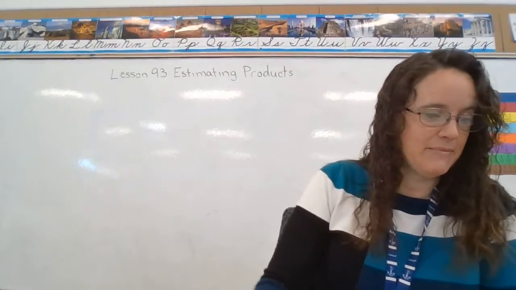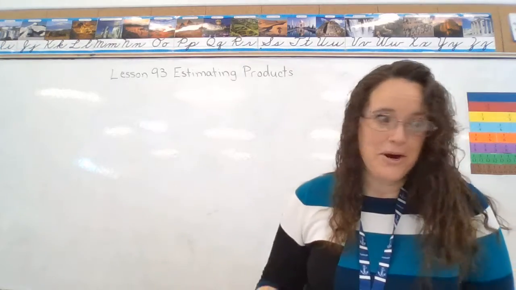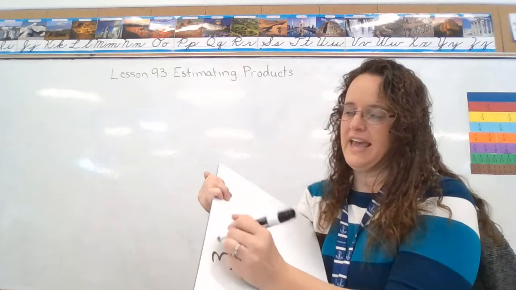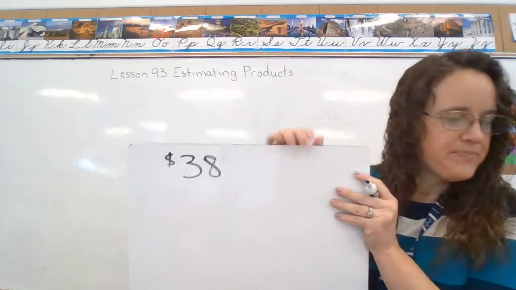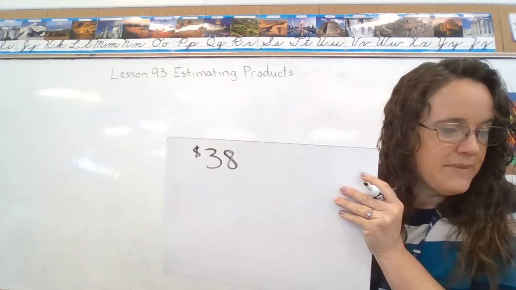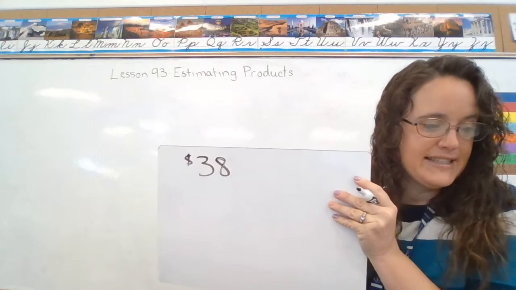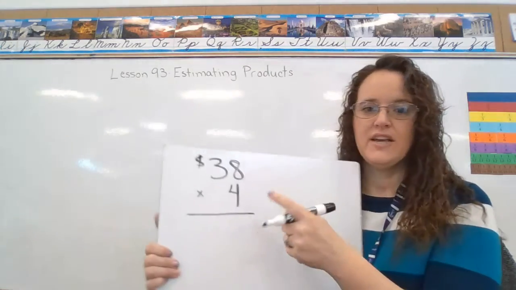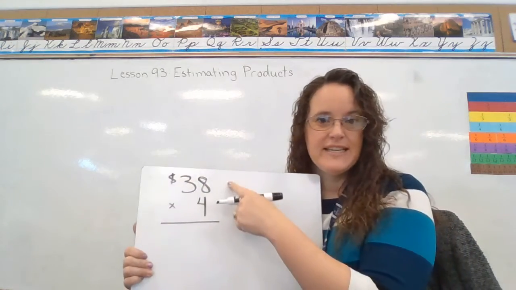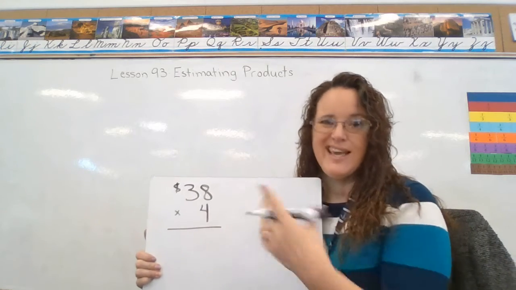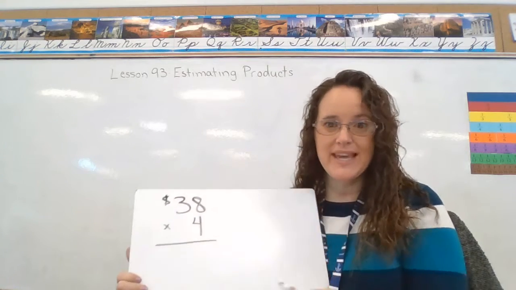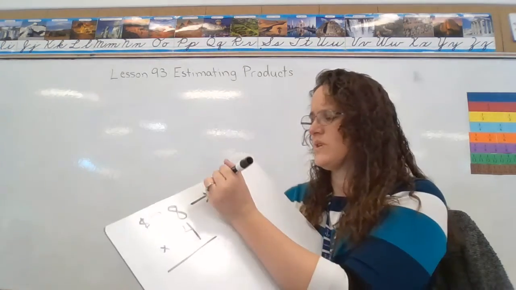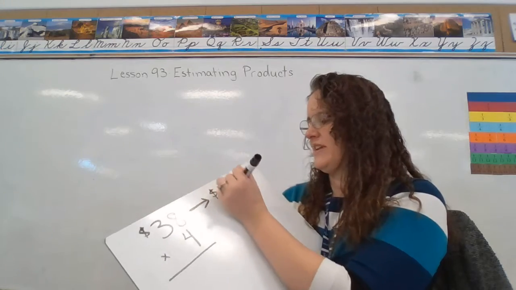All right, the next example says another ticket problem. Tickets to the professional basketball game were $38 a piece. Mr. Jones wanted to buy 4 tickets. Estimate the total price of the 4 tickets. So he needs 4 tickets times $38 a piece. Estimate, so we can round. We're going to take this 38 and say, that's really close to 40.